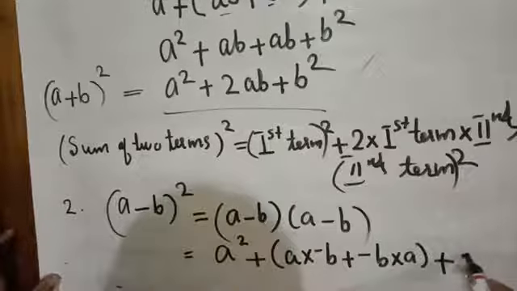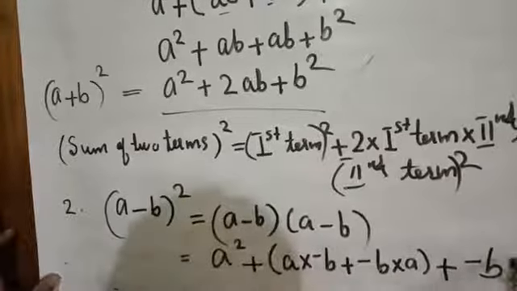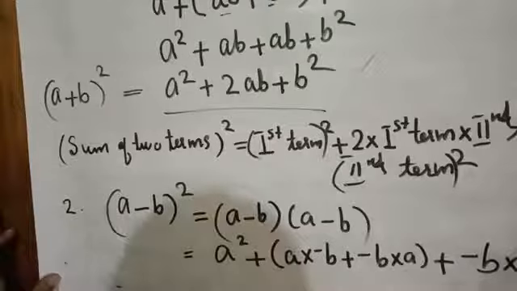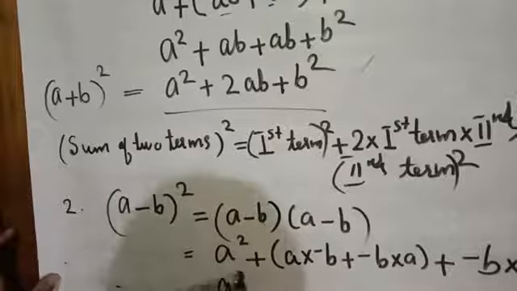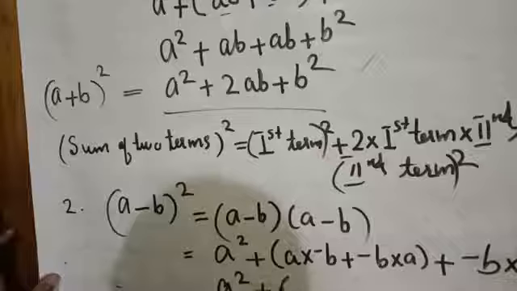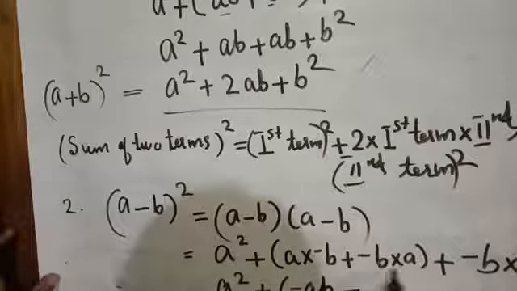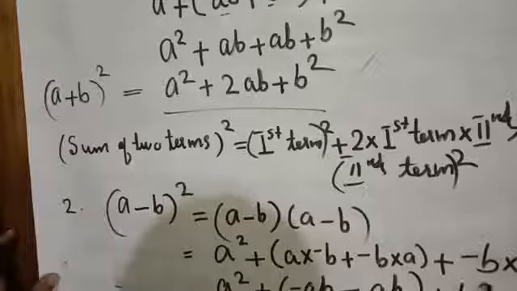second term square. What is second term here? Negative b into negative b. Okay, that is a square plus negative ab plus negative b into a is equal to negative ab, and negative into negative is positive, b into b, b square.